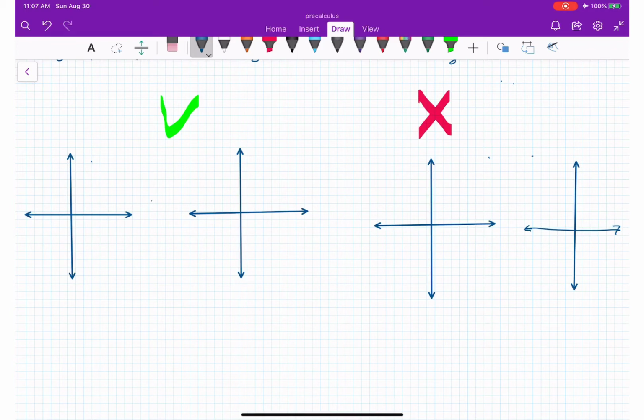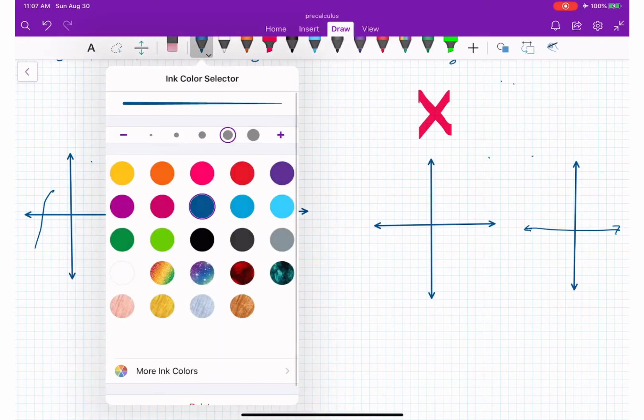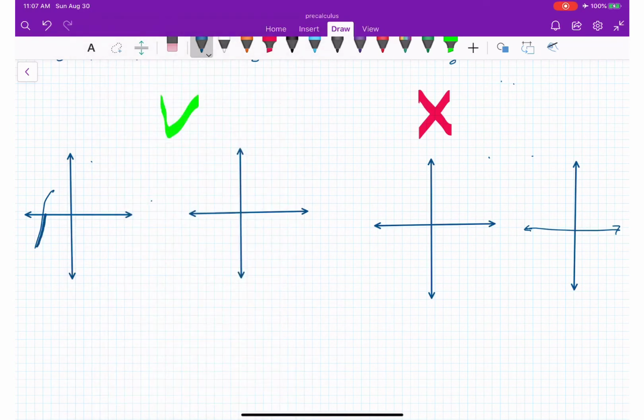So which one can we accept as a polynomial? If I have, let's say, a graph like this, and then it can be this, or it can be this way.